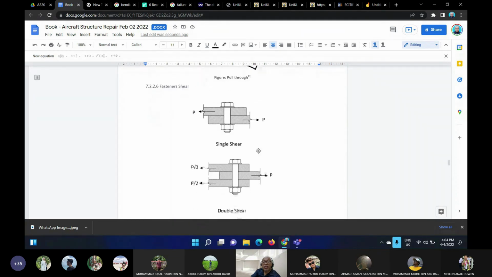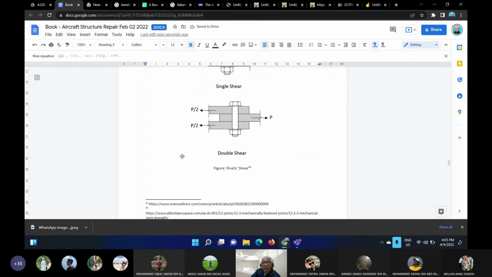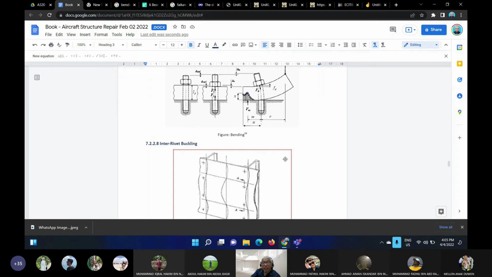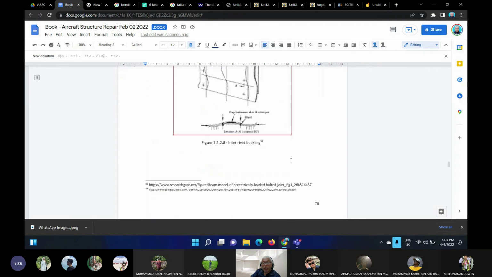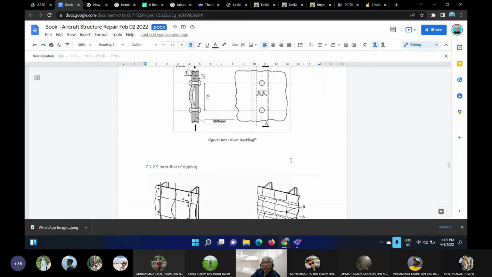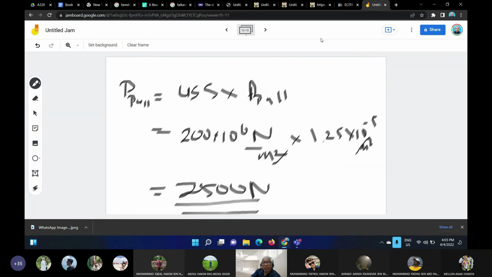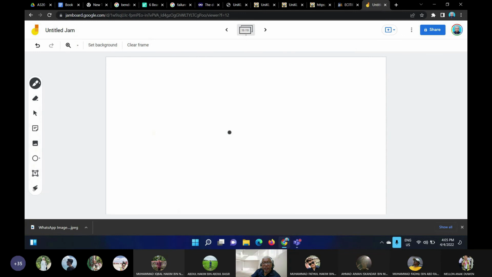Fastener shear. Another problem with the fastener is failure in shear. For you, in the manuals, all the information about fastener shear is given. However, we will try to calculate how shear is calculated. Shear is basically trying to cut the fastener into two.